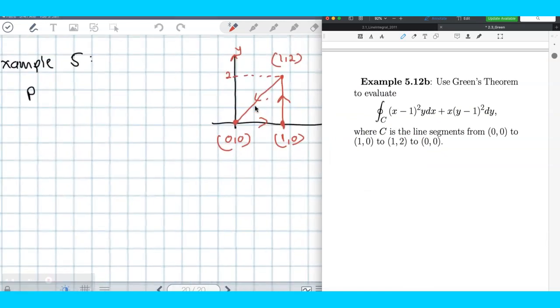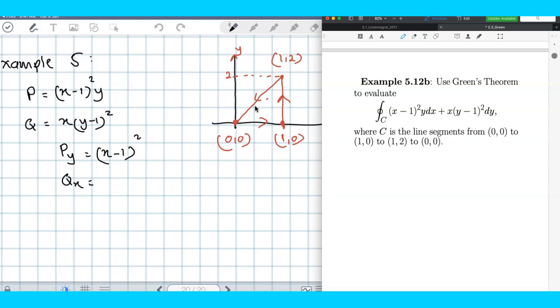Now your P is (x minus 1) squared, and Q is (y minus 1) squared. So Py gives x minus 1 squared, and Qx gives y minus 1 squared.